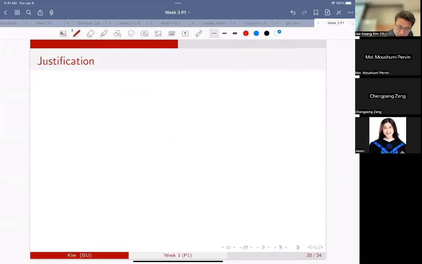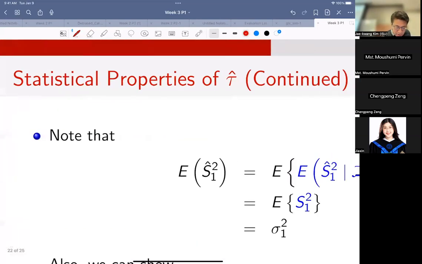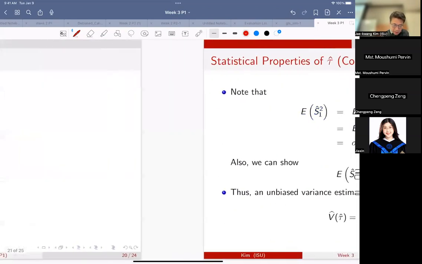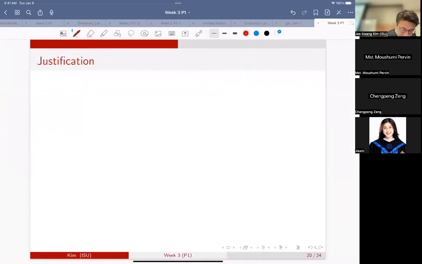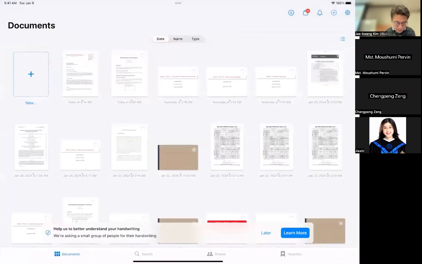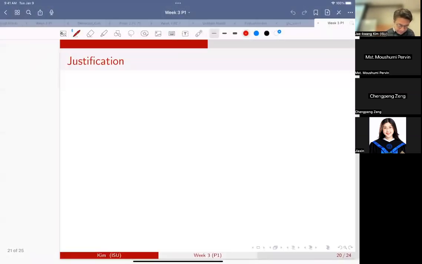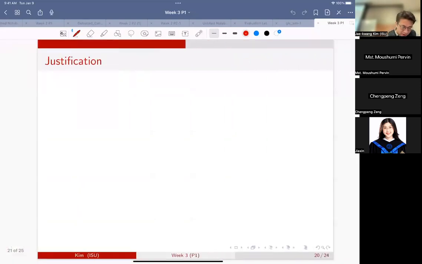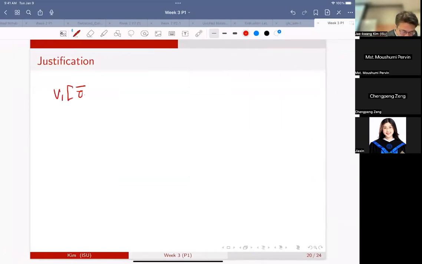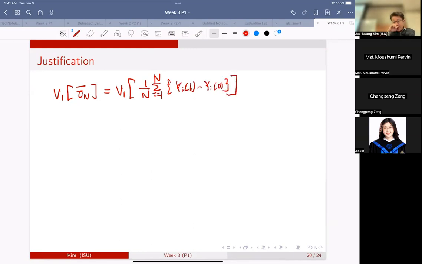So the variance of, sorry, we need to compute the variance of tau bar n, which is the variance of, but they are IID.